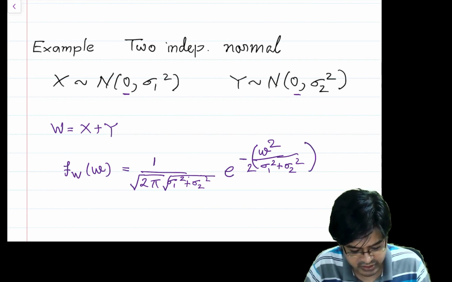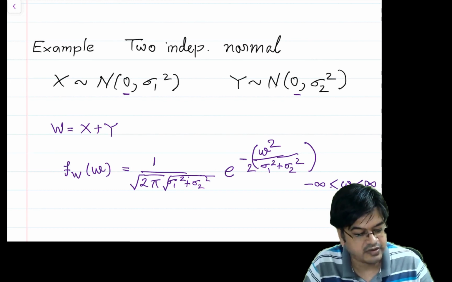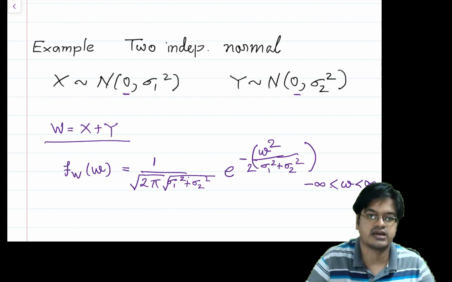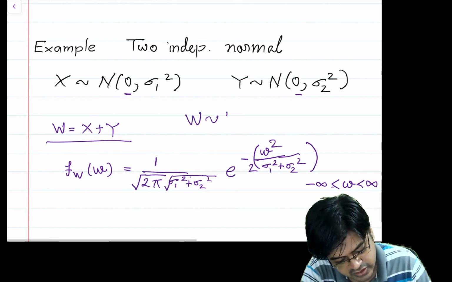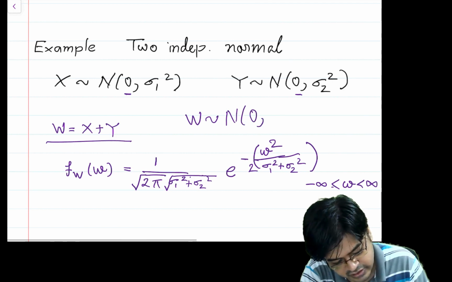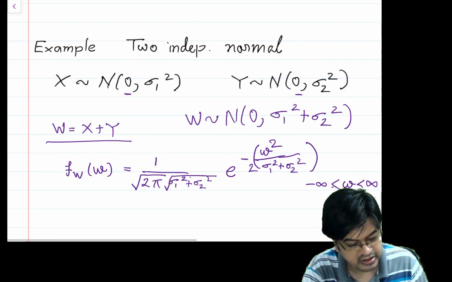Just verify this, you will get this as the density of a normal random variable, which justifies my claim that the sum of two normal random variables is again a normal random variable, and W will follow normal with mean 0 and variance sigma 1 square plus sigma 2 square.